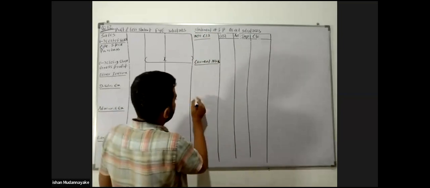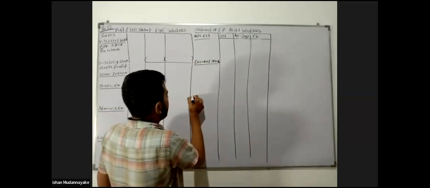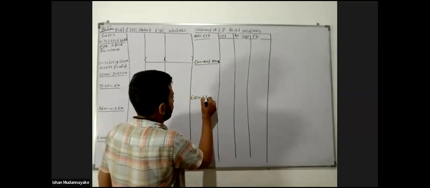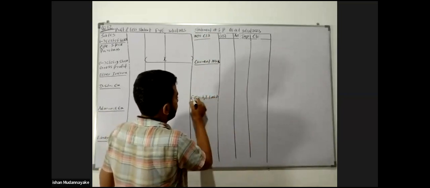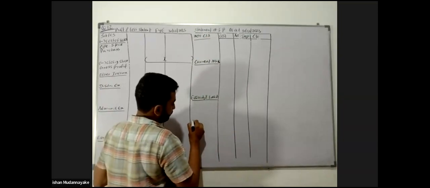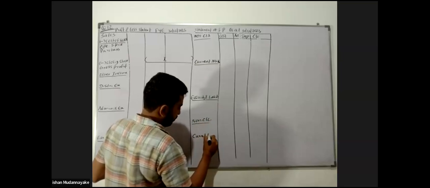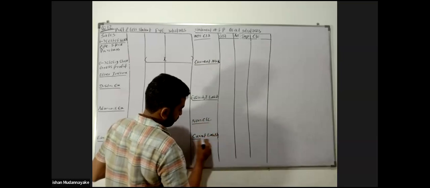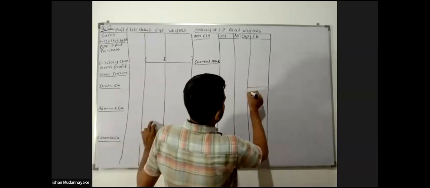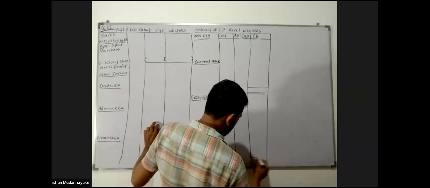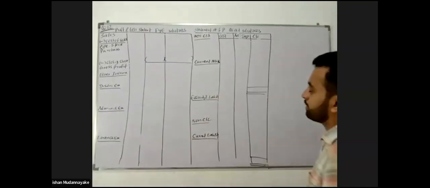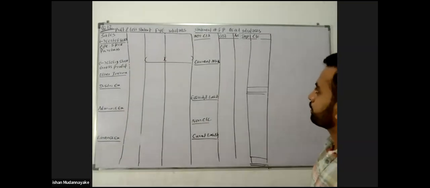And then here write down equity and liability, and then non-current liability and current liability. Quickly draw the profit and loss statement and statement of financial position.